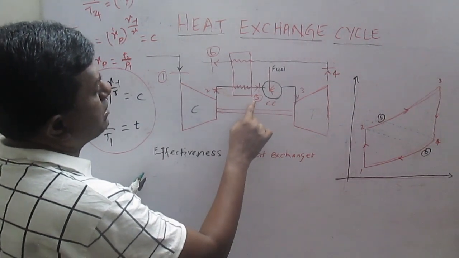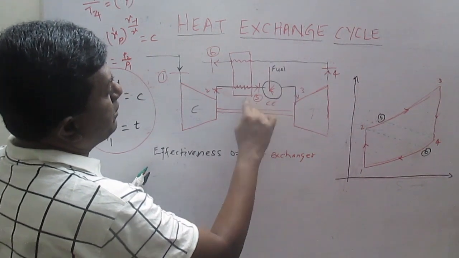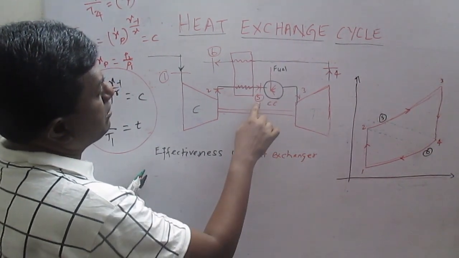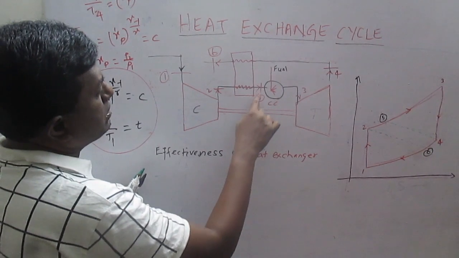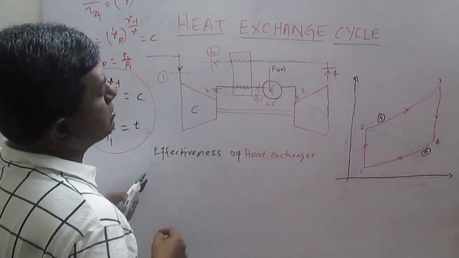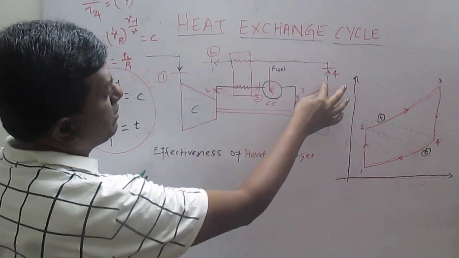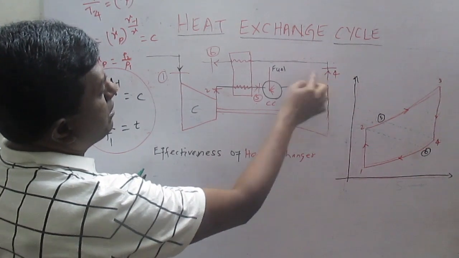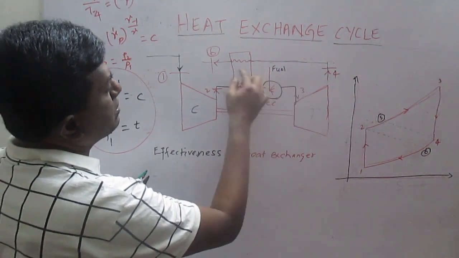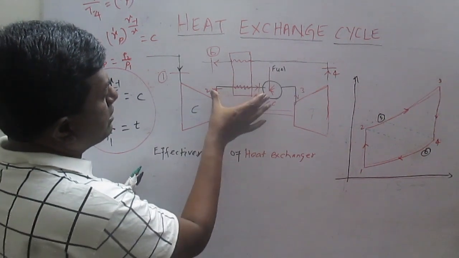So the new temperature that enters the combustion chamber is nothing but T5. The compressed air has the new temperature T5, and that goes to the combustion chamber. So the actual rise is due to the turbine outlet being sent through the heat exchanger.